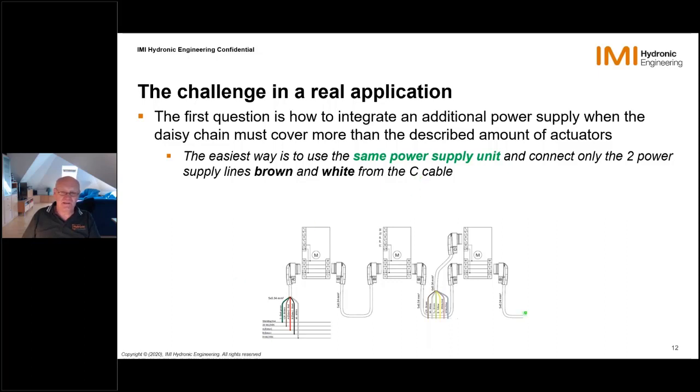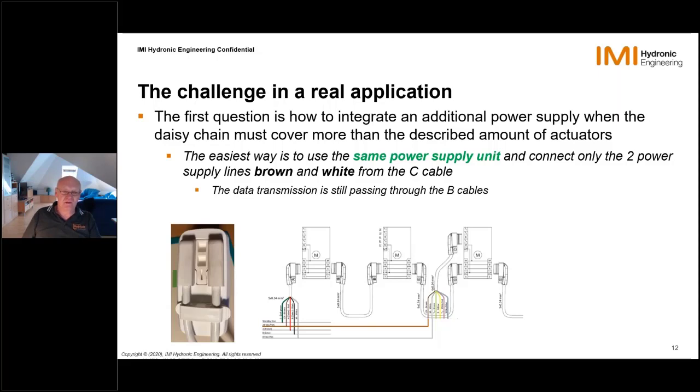So that's simple. You can see it here. And then we take the brown one and the white one. So that is the power supply, the 24, the hot one, and the 0 of the power supply, and connect it with a C cable after a certain length of the line.